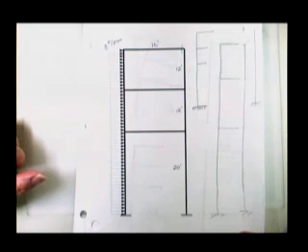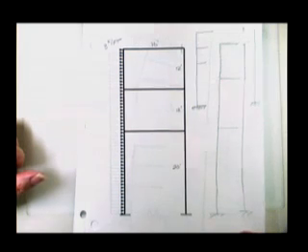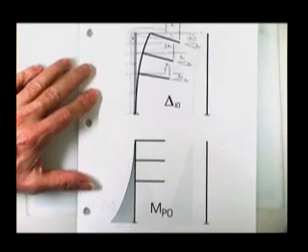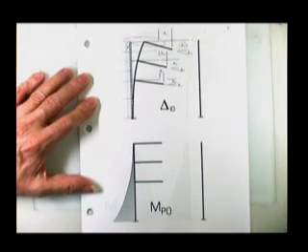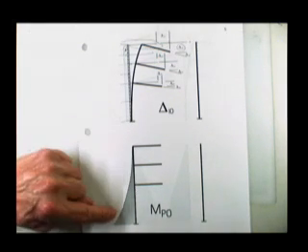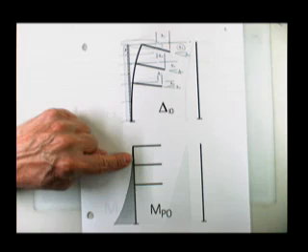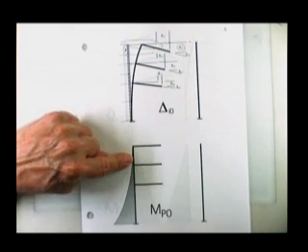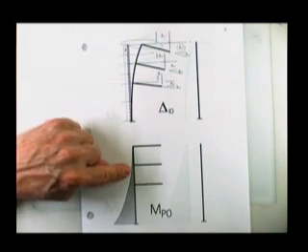I have no idea. But I can tell you what the moment diagram looks like on the structure when it's cut up into pieces and turned into a primary structure.